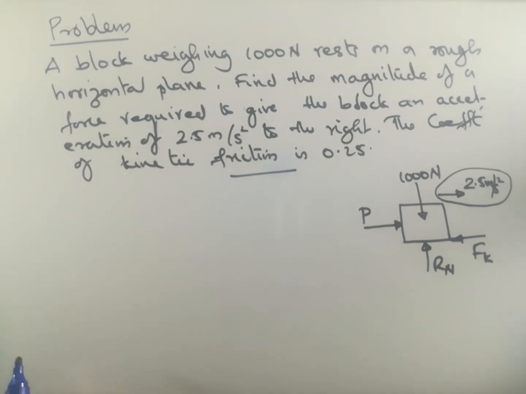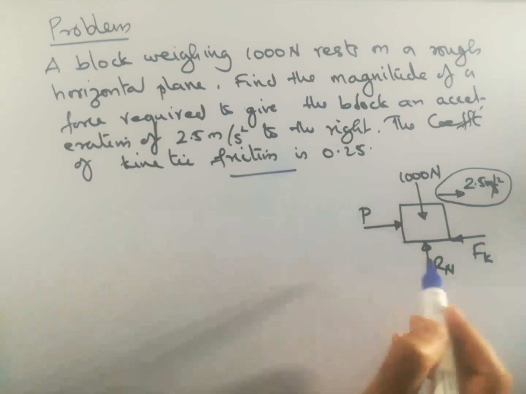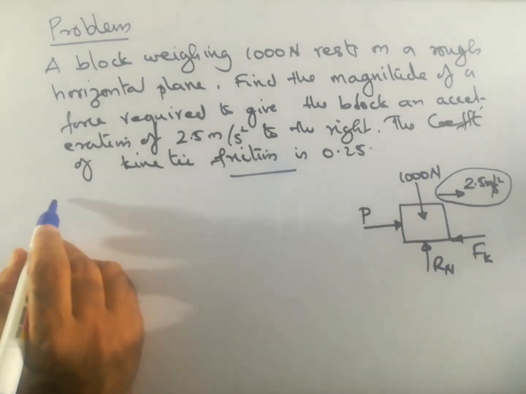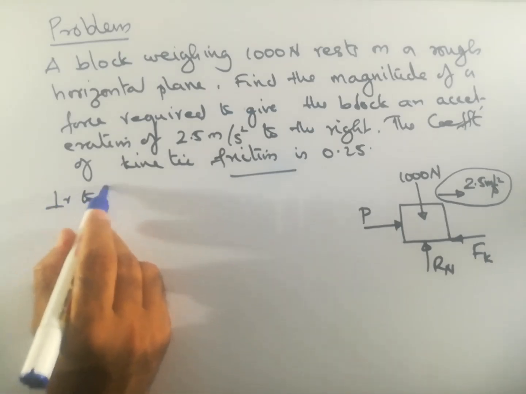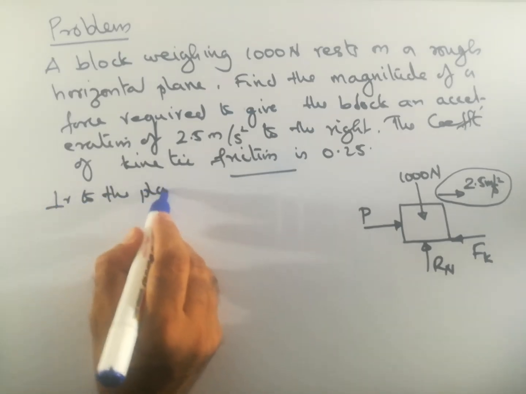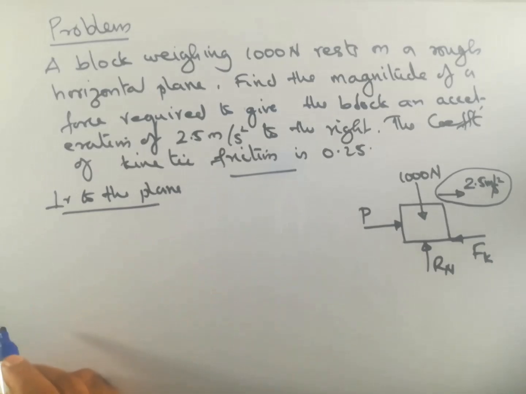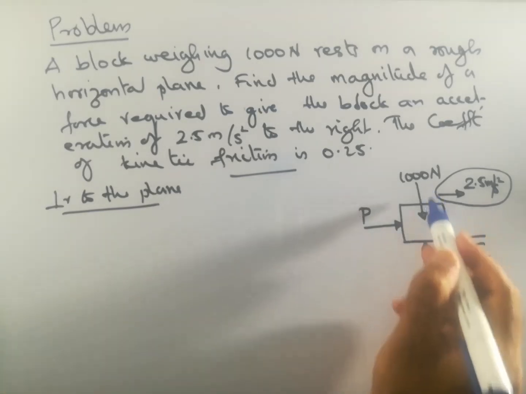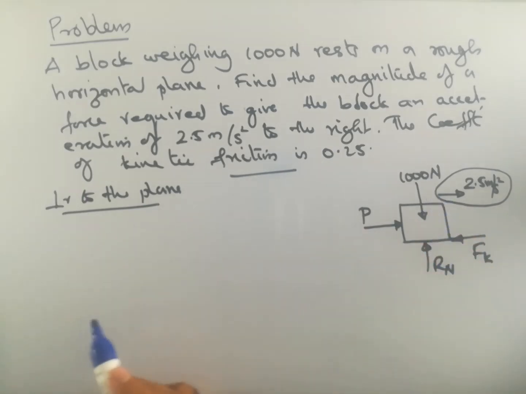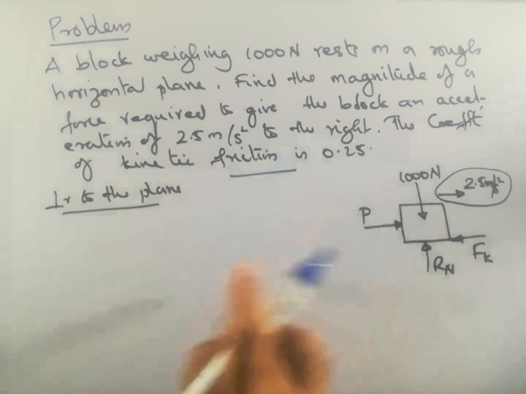Okay, now we will consider the forces perpendicular to the plane. Now we know that in this direction, that is perpendicular to the plane, there is no motion for the body. That is, the body is in equilibrium in the perpendicular direction to the plane.